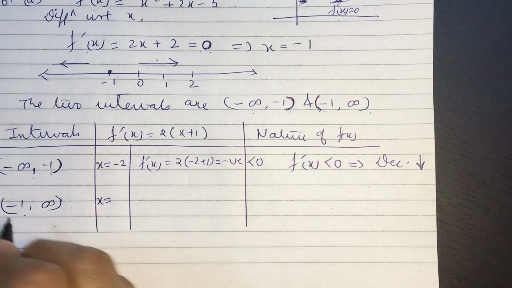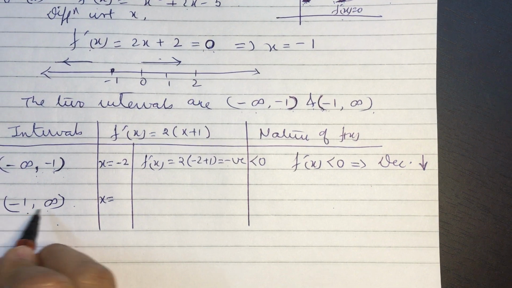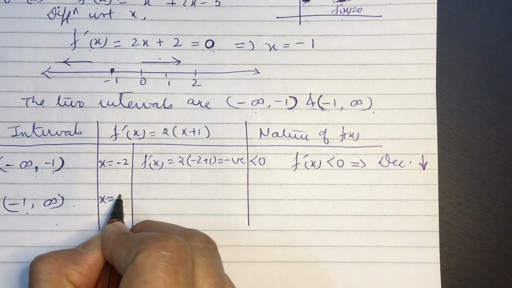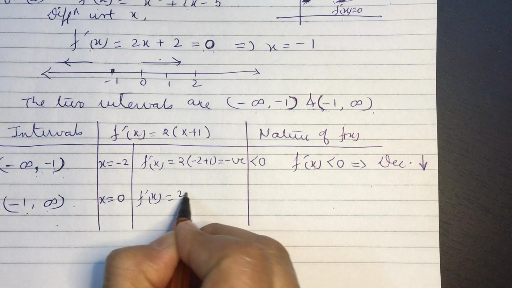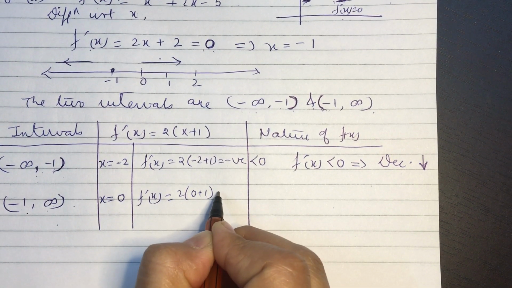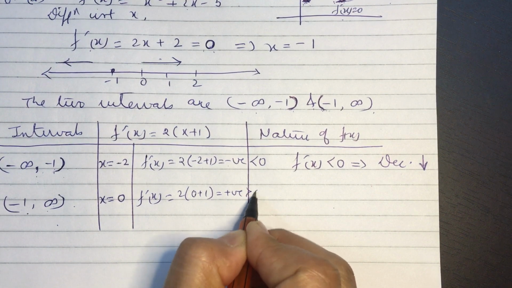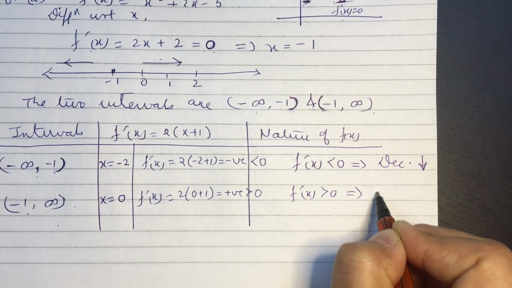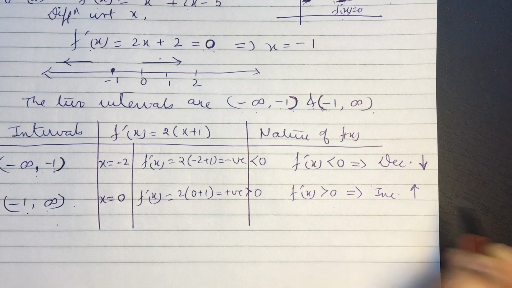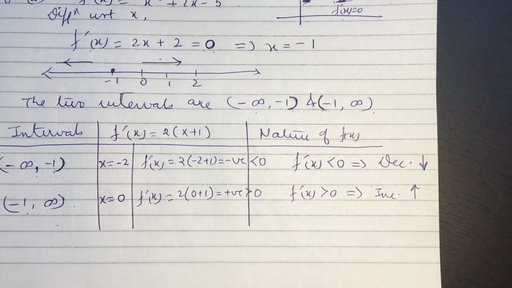Here we choose a point lying in the interval minus 1 to infinity, so let's take an easy number, which is 0. f dash x would be 2 into 0 plus 1, which is positive, greater than 0. So f dash x is greater than 0, which implies increasing, and we show an upward pointing arrow.